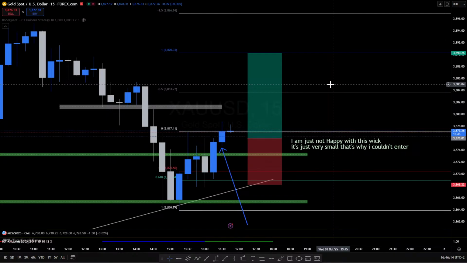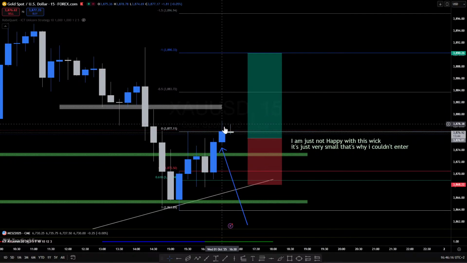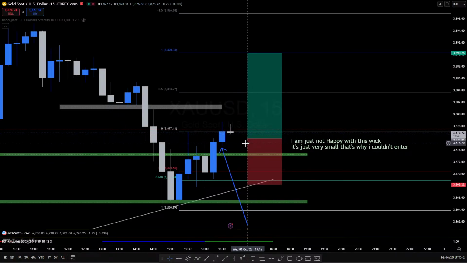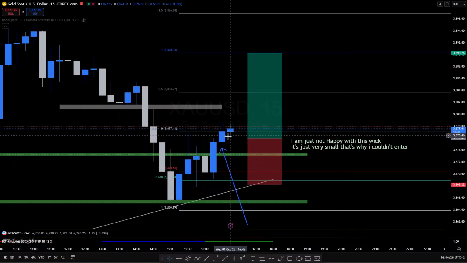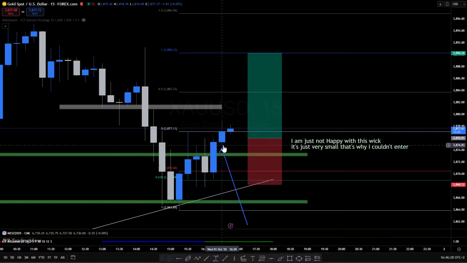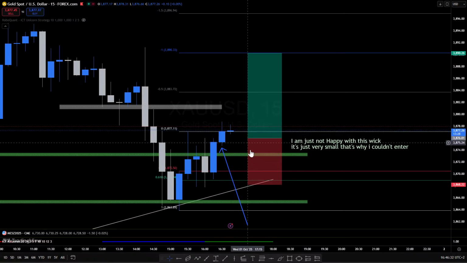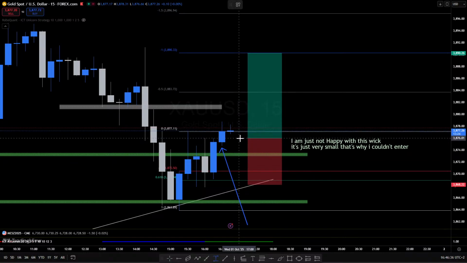This one could even be a winning one, but we do not want to be in this kind of trade. Look how many minutes this took. Imagine if you were in this trade and it took you this whole time to go just 10 pips.